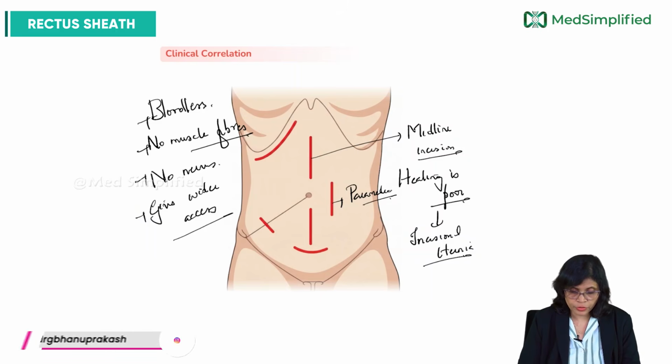Other than that, to expose the gallbladder during gallbladder surgery, we do Kocher's incision. This is called the Kocher's subcostal incision. And we have the McBurney's gridiron incision, which we do in appendicectomy.